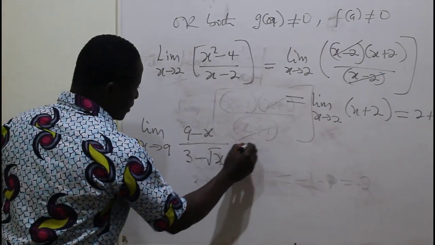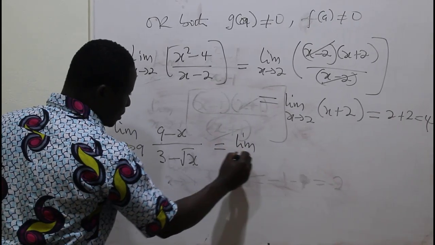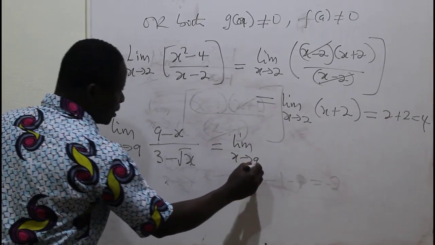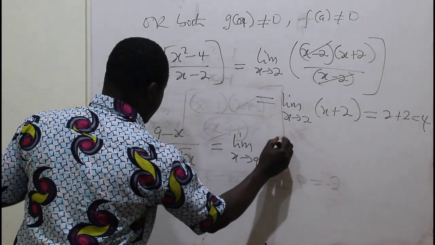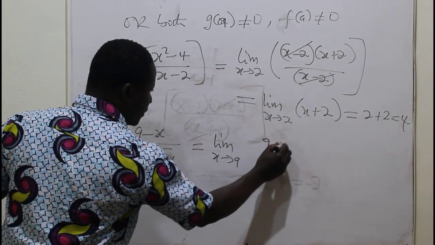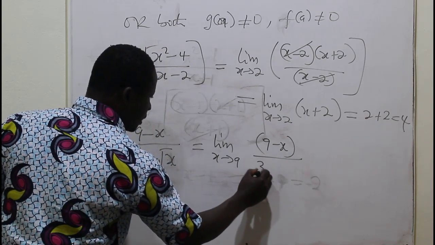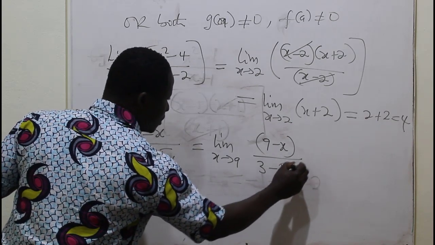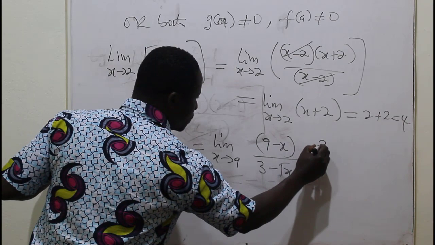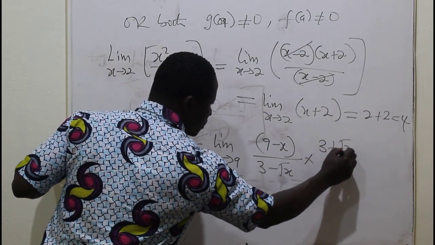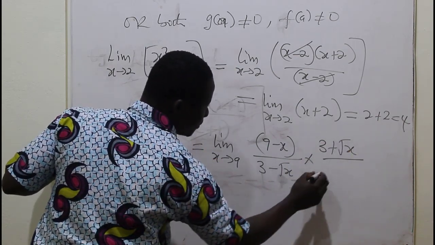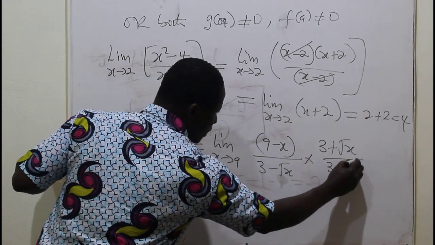So let's try the limit as x approaches 9. The function is 9 minus x divided by 3 minus root x, multiplied by the conjugate 3 plus root x over 3 plus root x.